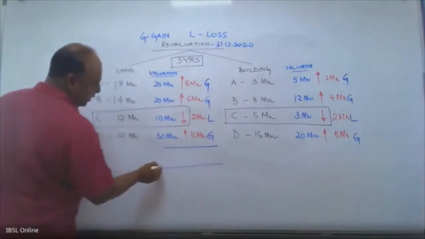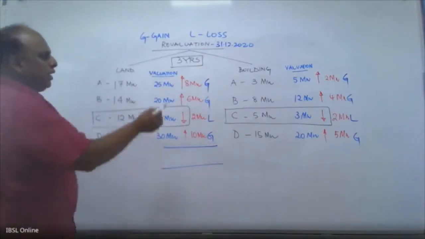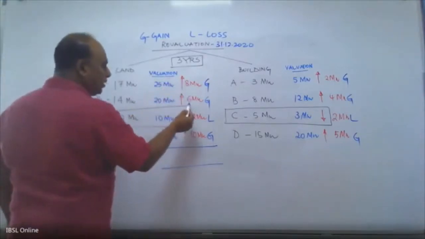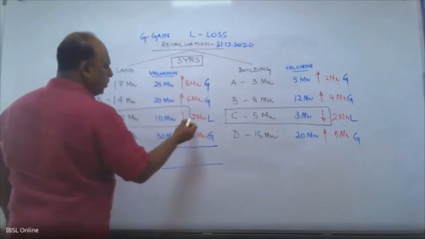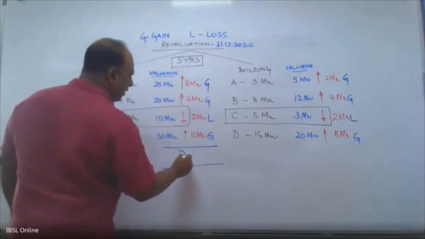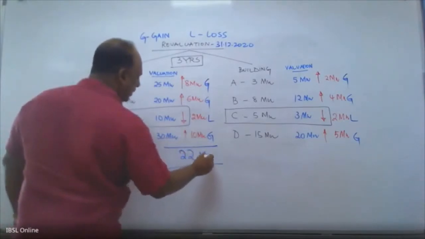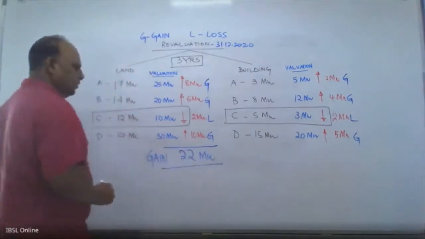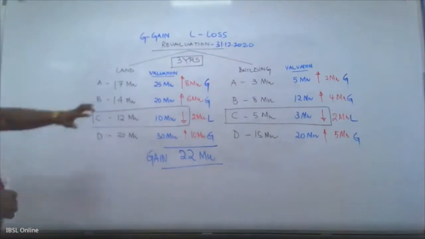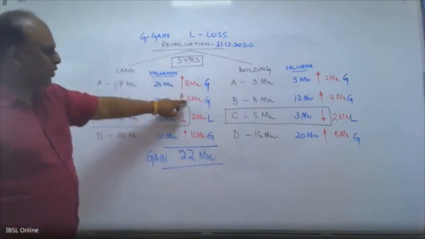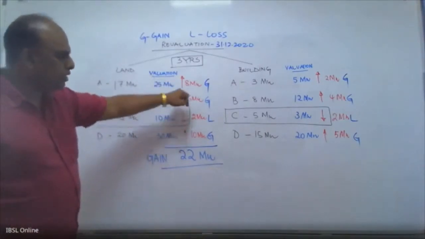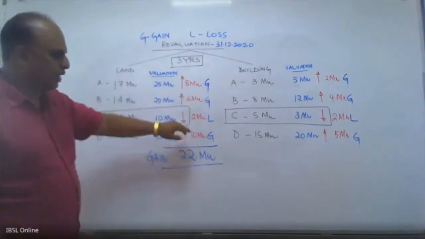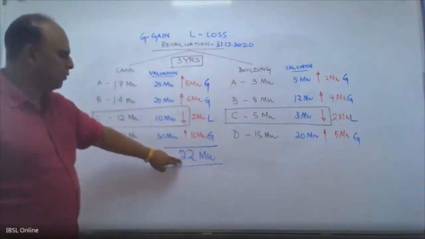You have 8 and 6 is 14, 14 and 10 is 24, and 24 minus 2 is 22 million, which is an overall gain. See, 8 plus 6 is 14, 14 minus 2, because this is a revaluation loss, so you have to deduct, and then you have a 10, altogether it will be 22.